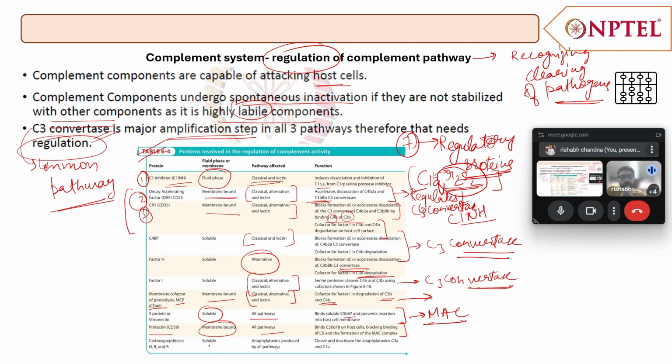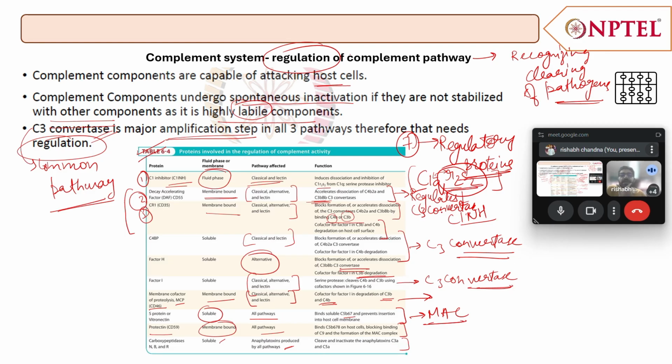Now we have the carboxypeptidase N. These are soluble peptidases, acting on anaphylatoxins produced by all the pathways. They help in cleaving and inactivating the anaphylatoxins C3a and C5a.